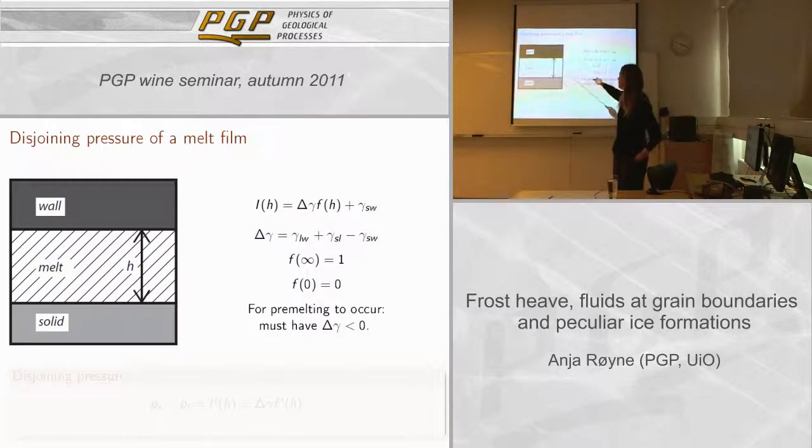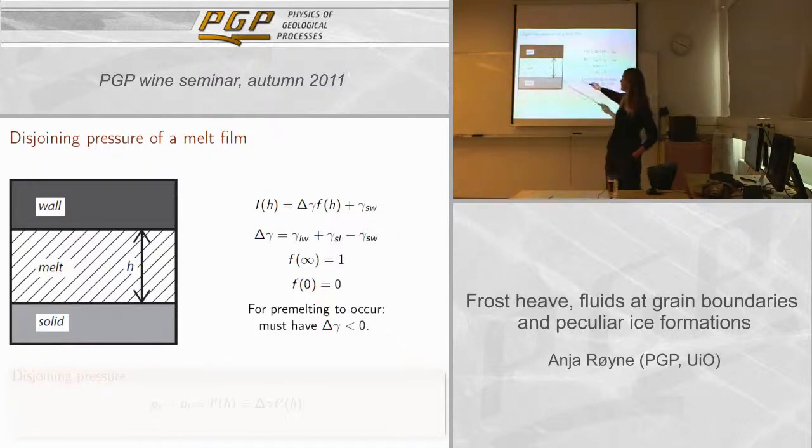Then the interfacial energy in the system we can call I, and it's a function of the thickness of the film. We can describe it by this relation. So there's the delta gamma, and gamma refers to surface energy. And there's some function of the height, and this is the dry surface energy. So if we say that, and then this delta is the difference between the two wet surface energies and the dry surface energy.